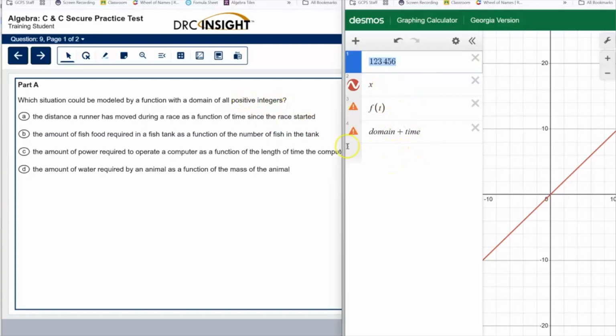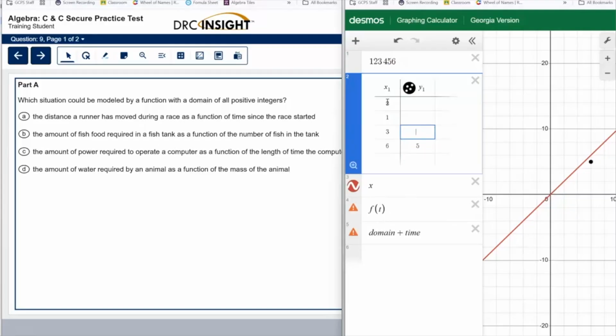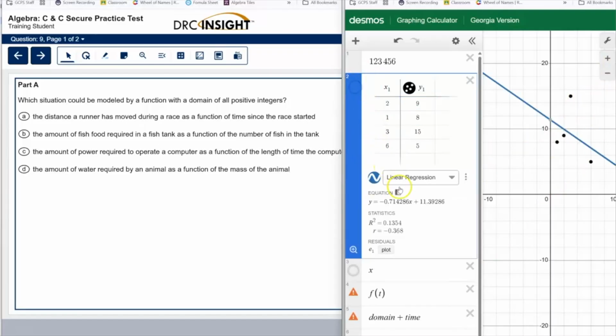Let me say what those words mean. Let me plot something for you. Let's say you had these numbers. I did a scatter plot by mistake, but it's okay. I'm going to just do a linear regression. If I have dots like this, but they're not connected, that is discrete.